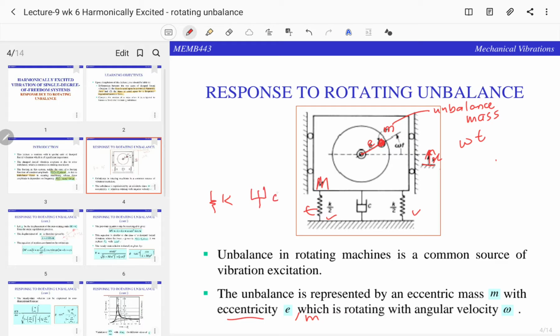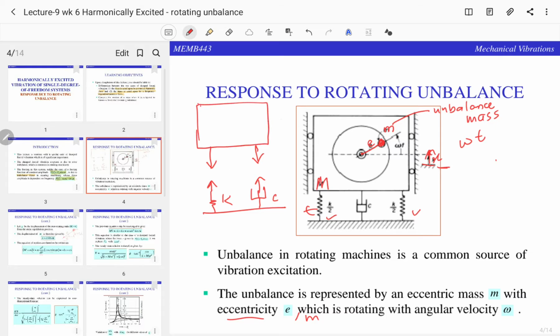Of course you draw in the same direction. Your k and your c will go up in the same direction as your x here. Then you have action reaction going down on this big mass here.